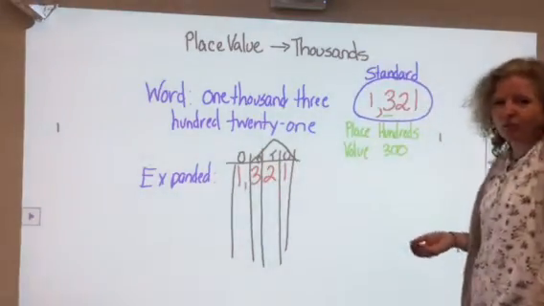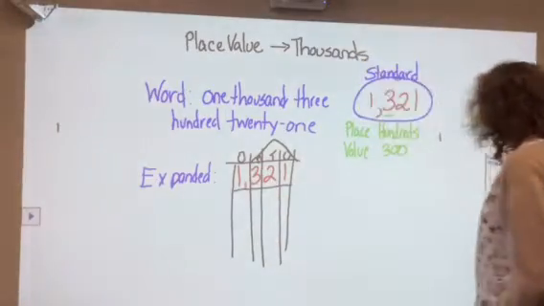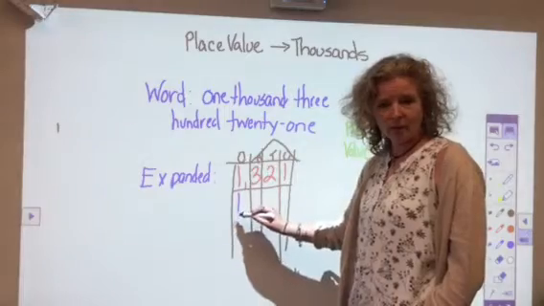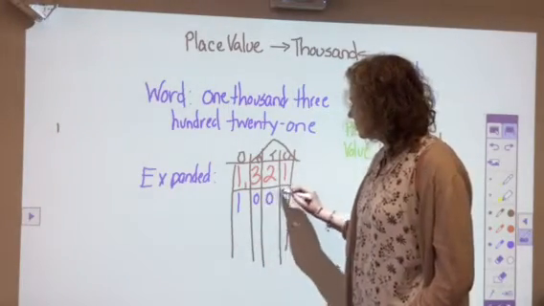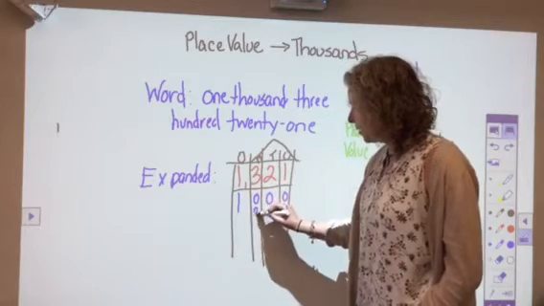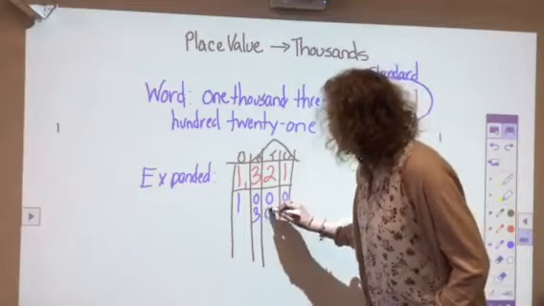We don't have any of those, so I didn't worry about it. The way I like to do expanded form is I bring the first digit in the number down, 1, and I turn everything else to 0. Now I go to the next column and I bring down a 3 and turn everything else to 0.